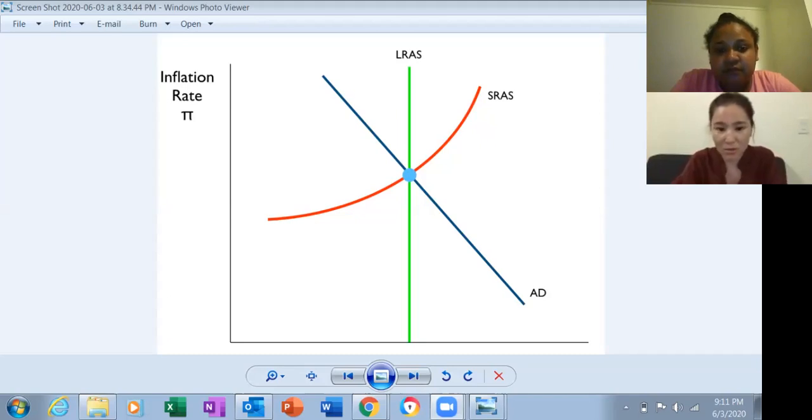In the middle, the dot is equilibrium price. So according to Adam Smith, if it's negative shock, aggregate demand will move to the left. If it's positive shock, aggregate demand will move to the right.